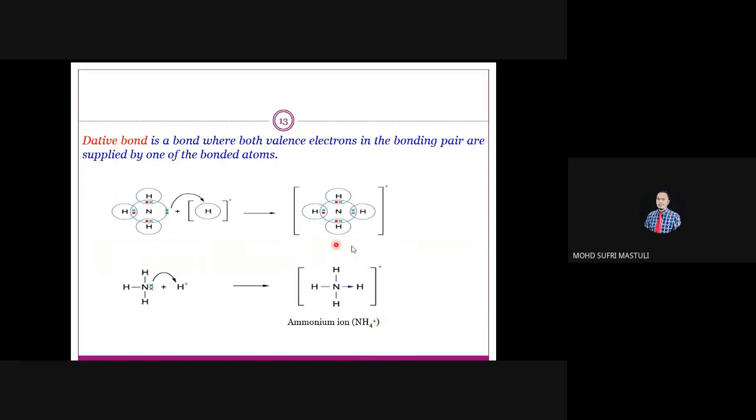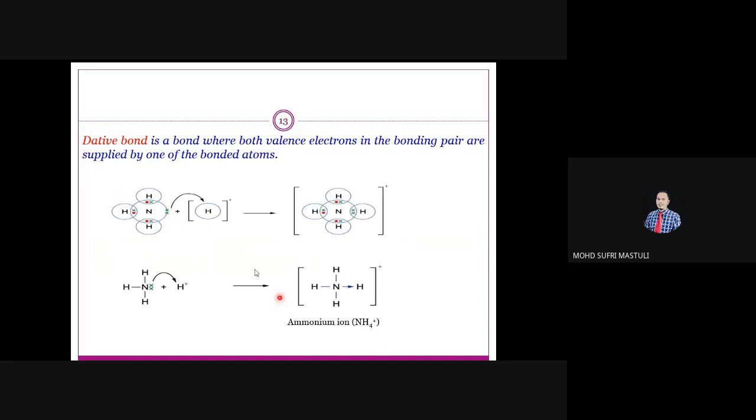If you try to draw the Lewis structure of ammonia, it contains 3 bonding pairs, and then it has one lone pair, two unpaired valence electrons.